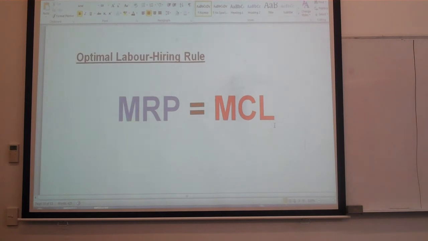So it's very similar to the product market, where the optimal amount of output to produce, you keep producing until marginal cost equals marginal revenue. That's in the product market. So a very similar rule in the labor market. You keep hiring labor until the marginal cost of labor equals the marginal benefit of labor. MCL equals MRP.